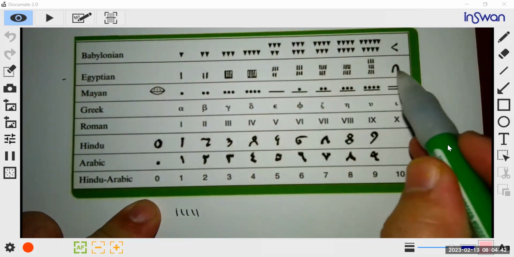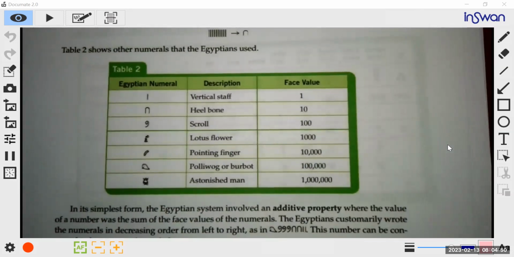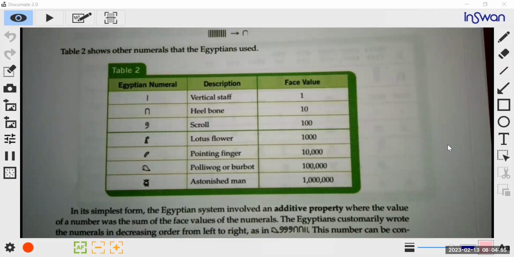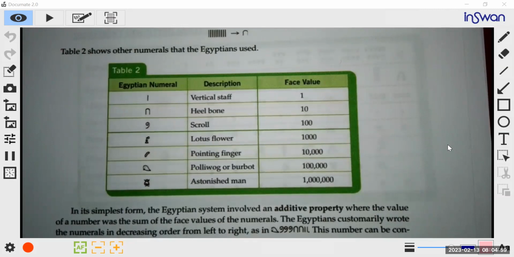But once you get to 10, that's when we get the heel bone. And this is the numeric system for the Egyptians. Instead of a hash mark, because remember, Egyptians used hieroglyphics, which are pictures to represent words and numbers. So you guys don't have this.